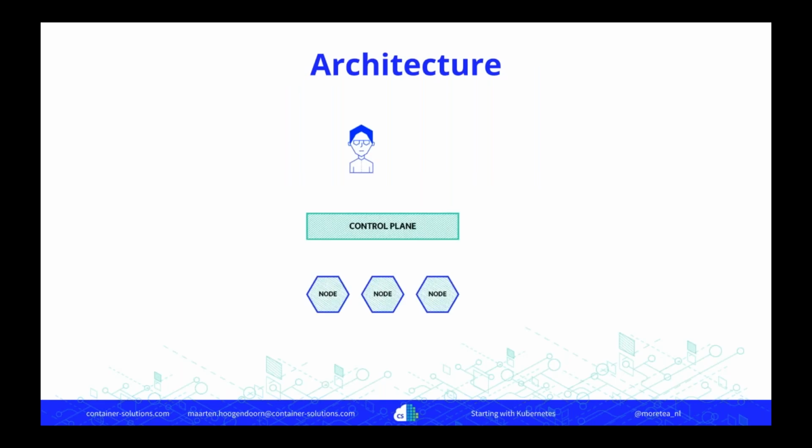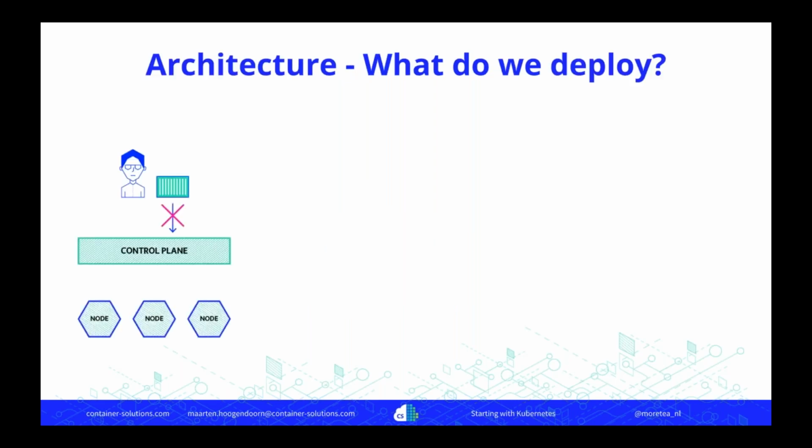So you as a user or a computer program talk to the control plane that is the core of Kubernetes. This control plane then manages and talks to all the nodes that run your actual workloads. If you want to deploy something on top of Kubernetes, what are you actually deploying?